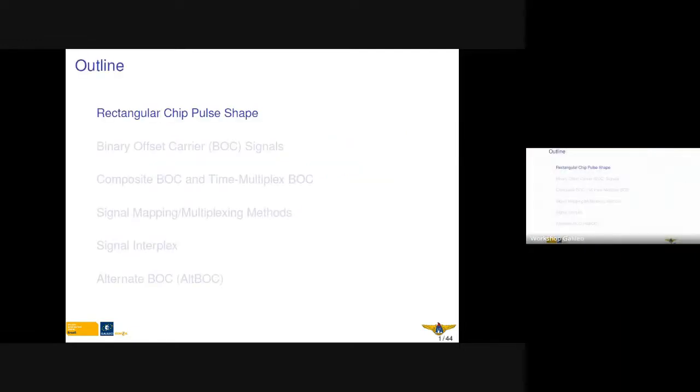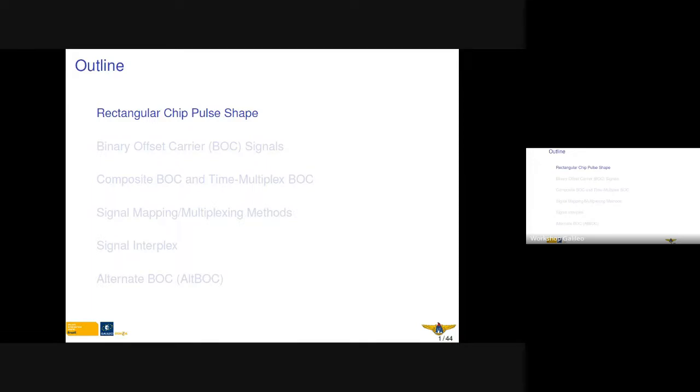So this is our outline for this morning. We will start with the classical one, chip pulse shape. So we will look into rectangular chip shapes, then into binary offset carrier signals, composite BOC and time multiplex BOC signals. These are specific implementations of binary offset carrier signals used by Galileo and GPS, and there's a specific one also used by BeiDou.